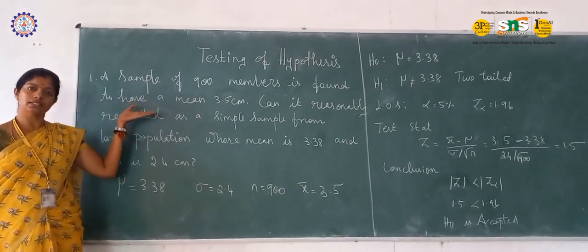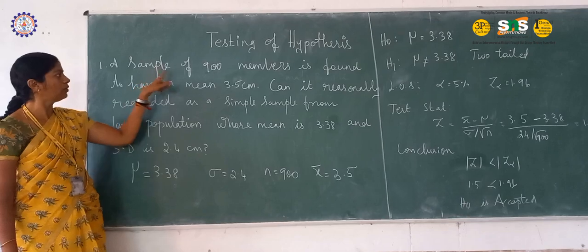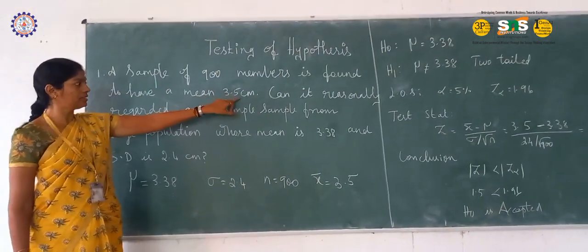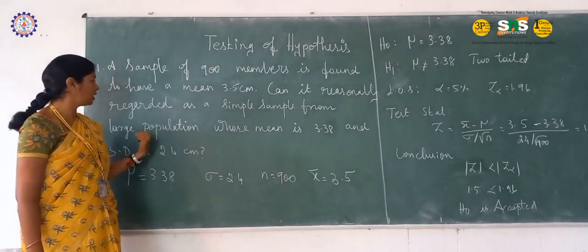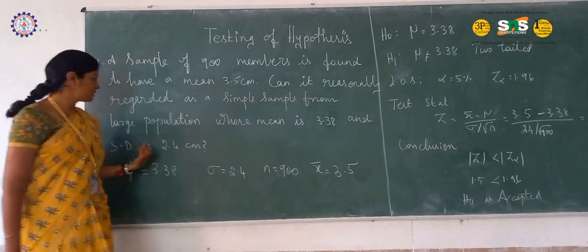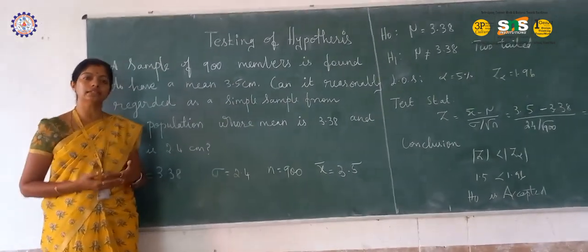A sample of 900 members is found to have a mean of 3.5 centimeter. Can it reasonably be regarded as a simple sample from a large population whose mean is 3.38 and the standard deviation is 2.4 centimeter? First of all, we should understand the question.